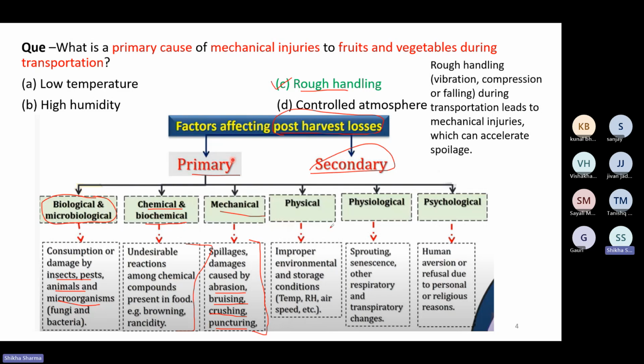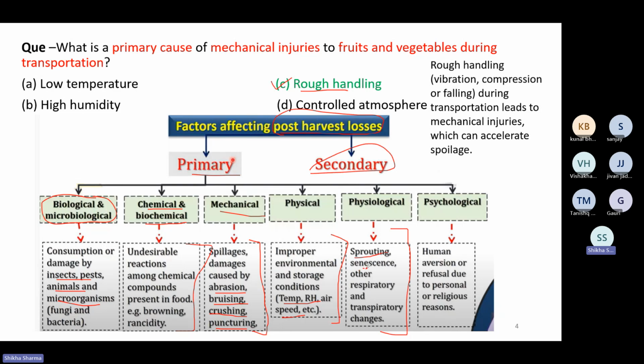Then physical factors include improper environmental and storage conditions, like temperature fluctuation, more relative humidity, or higher air speed. Then there are physiological parameters, which include sprouting, which results in post-harvest loss.